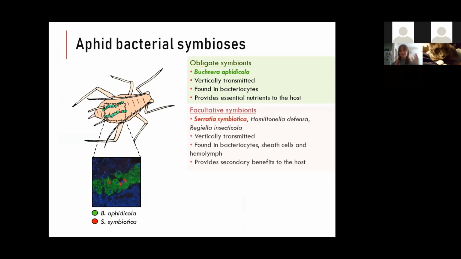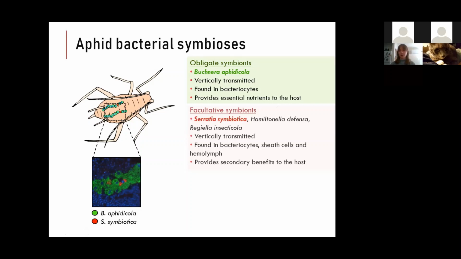As I mentioned at the beginning, there are obligate symbionts and facultative symbionts. Aphids have an obligate symbiont that provides essential nutrients to it and is housed in those specialized cells that I mentioned at the beginning. But they also have facultative symbionts, which can be one of three that I have listed here: Serratia symbiotica, Hamiltonella defensa, and Regiella insecticola.